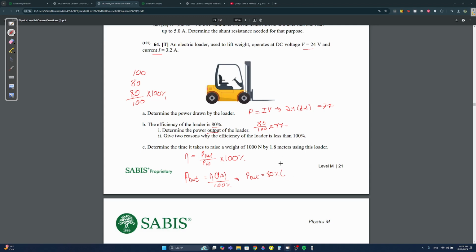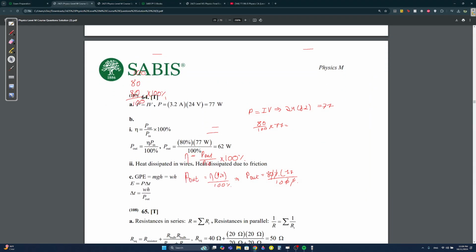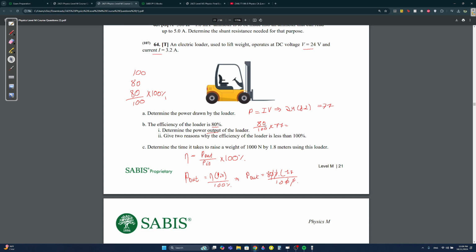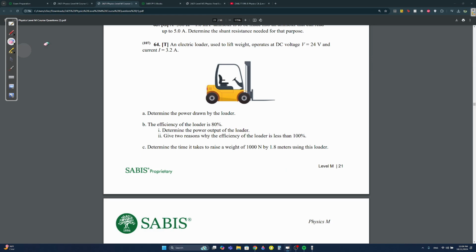P in is, we're inputting 77, right? Over 100%. And I think these percent with percent cancels, 0 with 0. And you're just going to get, basically, yeah, 62, 80, whatever. By the way, this will get you the same answer, huh? But they want you to use the formula that we didn't take.